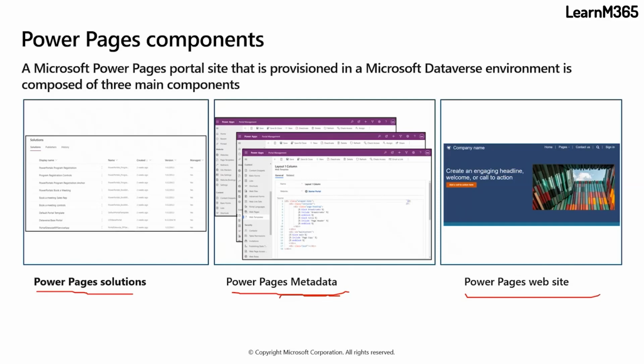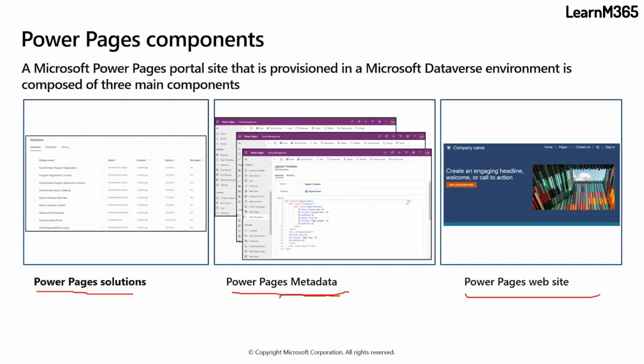So the data is stored in Dataverse, and a portal maker can add, modify, or delete portal metadata to specifically configure a portal application by using the Power Pages Design Studio or the Power Portal Management app or legacy front-side editing tool.